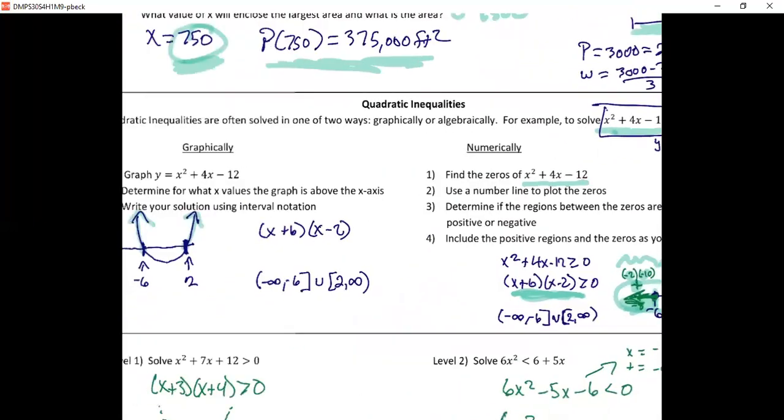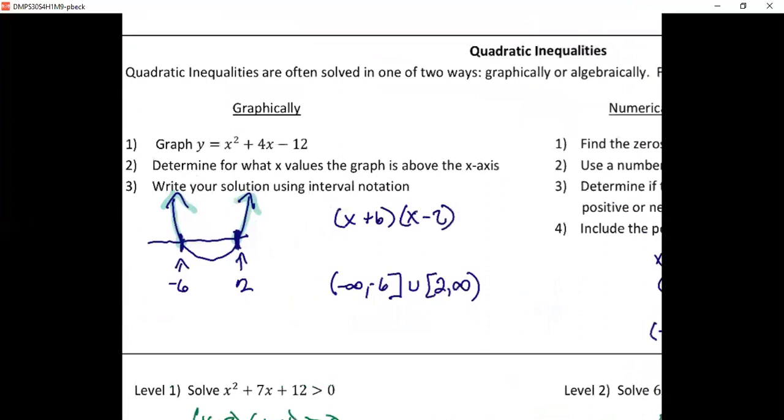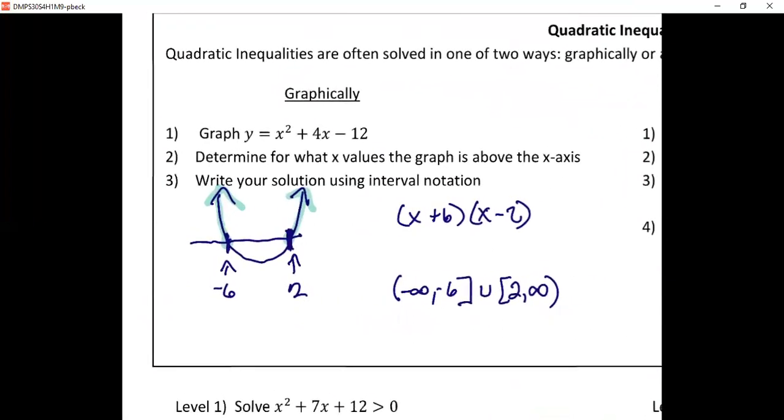What we could do over here is take a look at this graphically and say, let's assume that this is two-dimensional instead of one-dimensional. If this is two-dimensional, then we have a parabola which is going to cross the x-axis, in this case twice. Those two zeros are going to be the zeros that we found before. And then our parabola opens up.